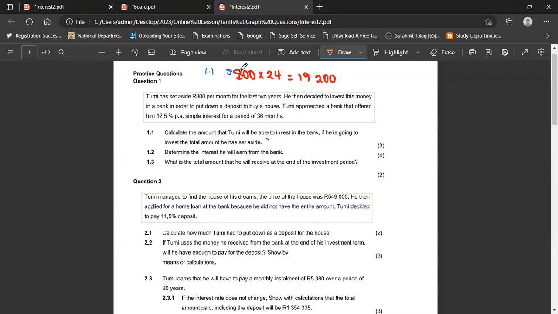That's the money he's going to invest. This is question 1.1. All right.